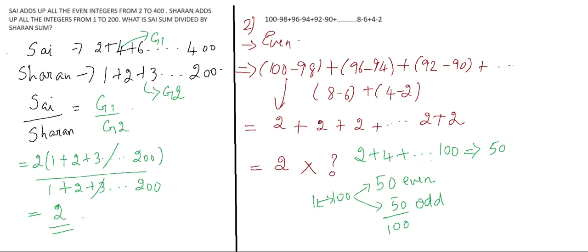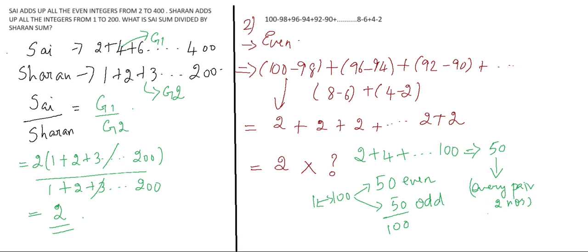Out of these 50 numbers, you are grouping 2 numbers, so 2 numbers make a pair. Every pair has 2 numbers, and there are totally 50 numbers. Can you guess how many pairs we have altogether?